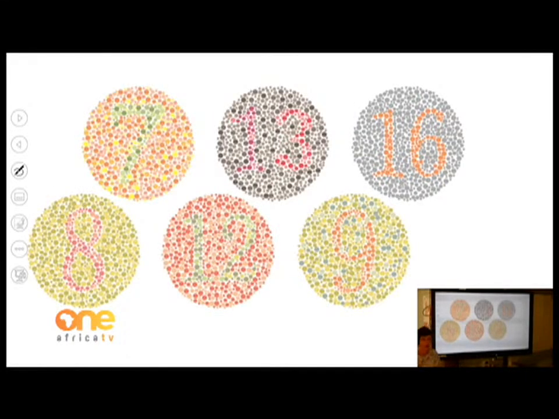Now, can you read this or can you not read this? I hope that you all can read this. I see 7, 13, 16, 9, 12, and an 8. If you had trouble to see any of these letters, it is because maybe you are colorblind.